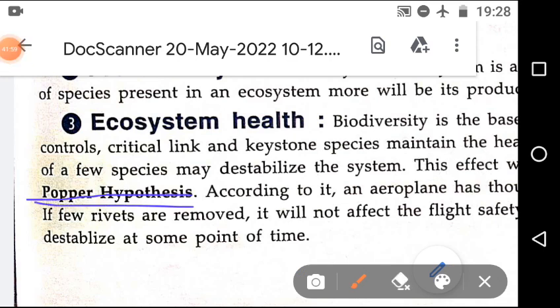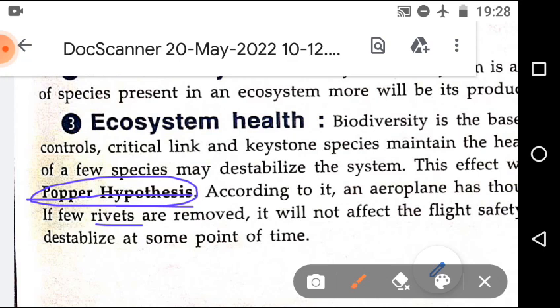Now, what is the Popper hypothesis about? Actually, Paul Ehrlich has described the whole ecosystem as an aeroplane, and the rivets, just like screws, but without threads. They are directly stuck down to join the metal pieces.